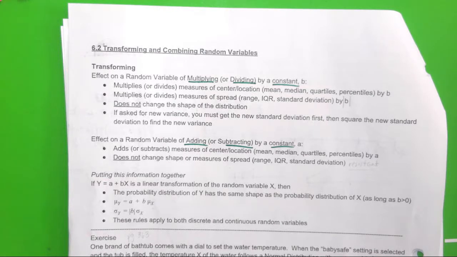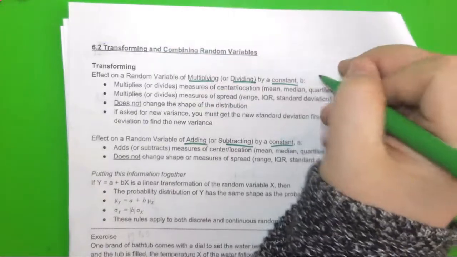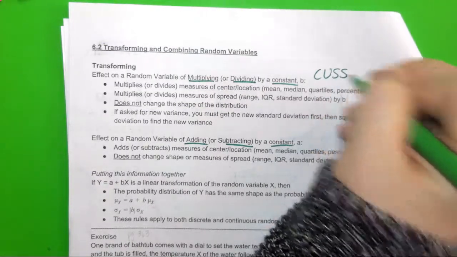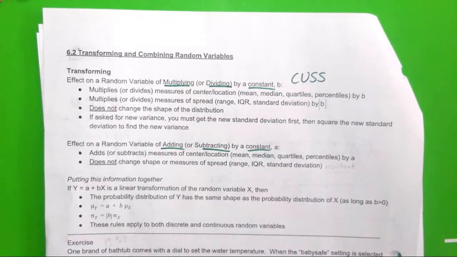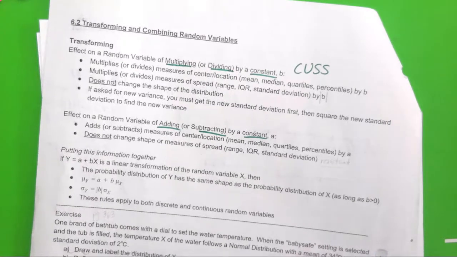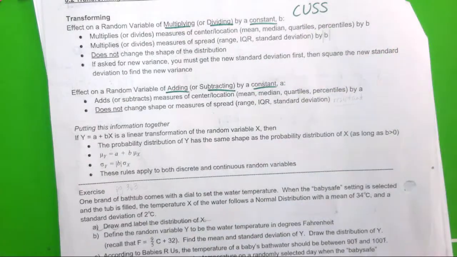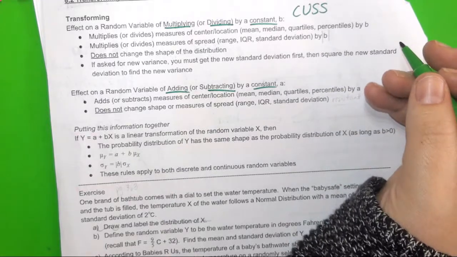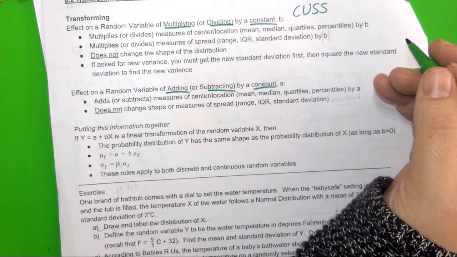We had an acronym for the stuff we used to look into back in chapters 1 and 2, CUS. When we used to CUS, we talked about some of these things being resistant to change. Outliers could affect you, yes.